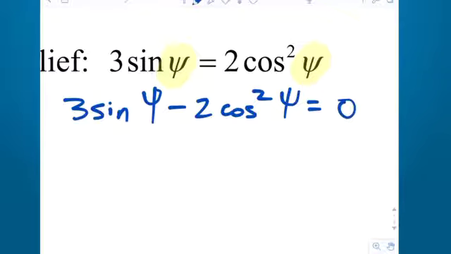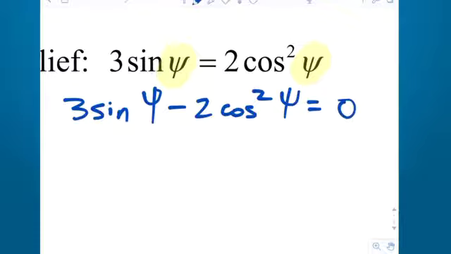So if you have more than one term and they're unlike terms, get everything on one side and set it equal to 0. Now the whole purpose of setting something equal to 0, remember, is to factor. What's the first rule of factoring? Common factor. Yeah, do we have anything common besides 1 or negative 1? I don't see anything common besides 1 and negative 1. We can't factor out the psi, can we? Because it's inside the angle.